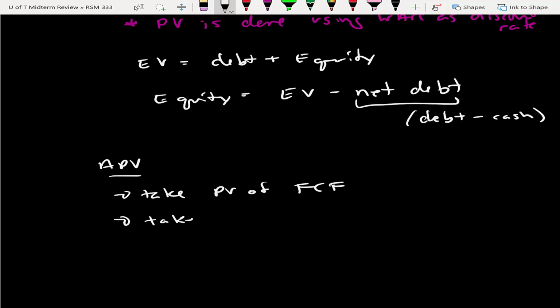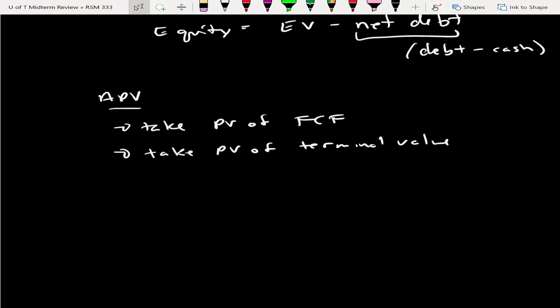Also take present value of the terminal value. And then the differences between this and the DCF is you also add the present value of tax savings on debt.